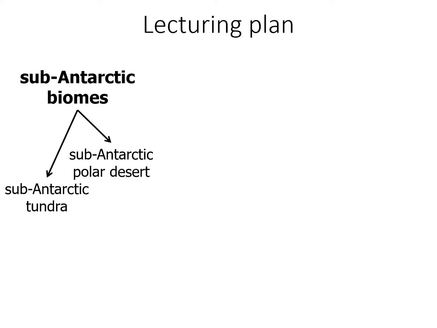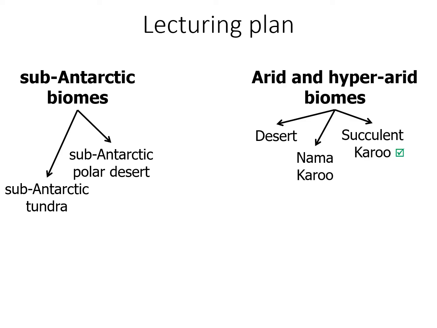In this section of the module, I will be introducing 4 biomes to you. The first of these 2 biomes are found on South Africa's subantarctic islands. And then I'll be talking about 2 of South Africa's arid biomes, the desert and the Namaqua biome. The succulent karoo is the 3rd arid biome in South Africa, and that's covered in one of the other module sections.